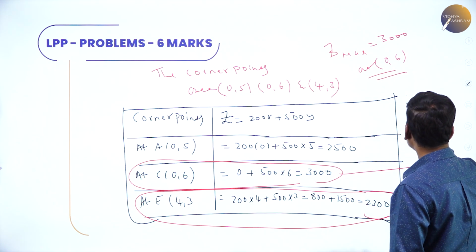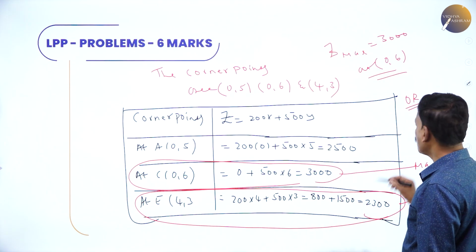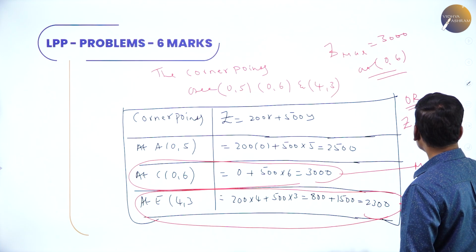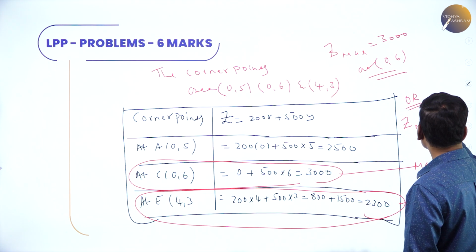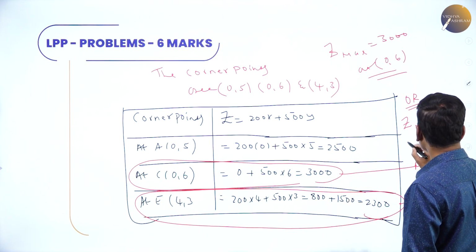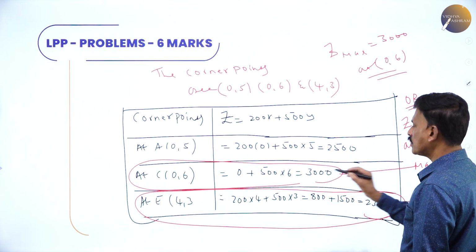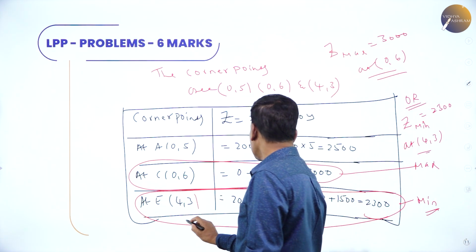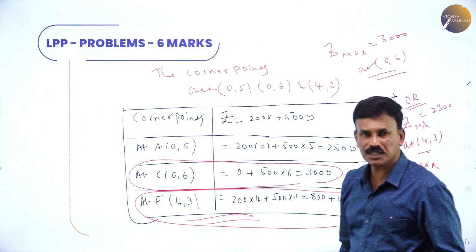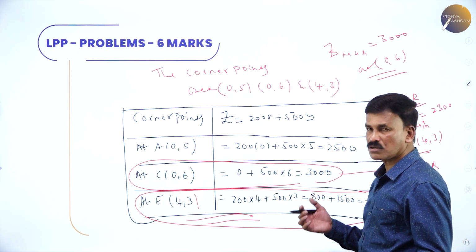If you want to find the minimum, Z minimum is 2300 at 4, 3. That's it. This is how we solve this problem.